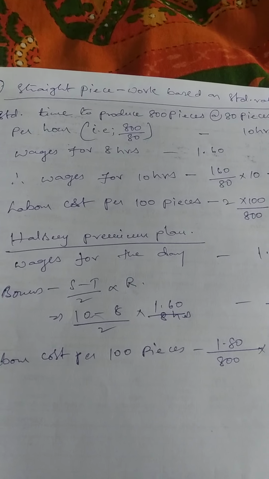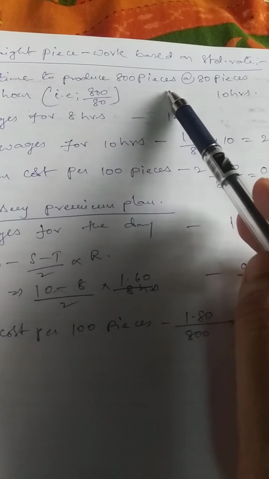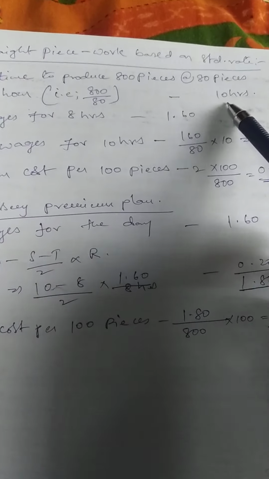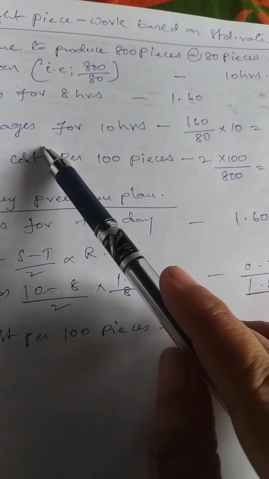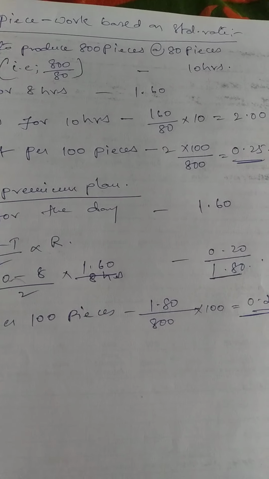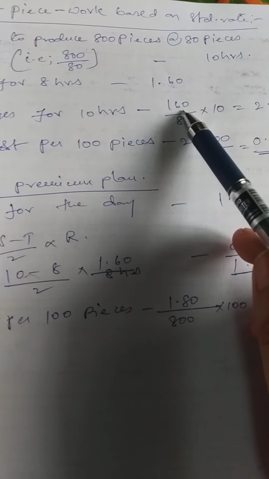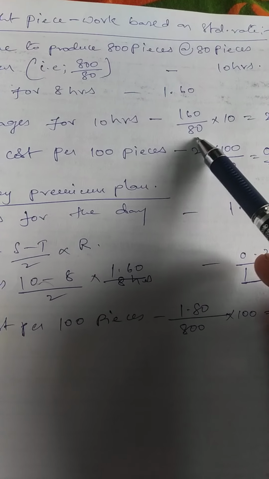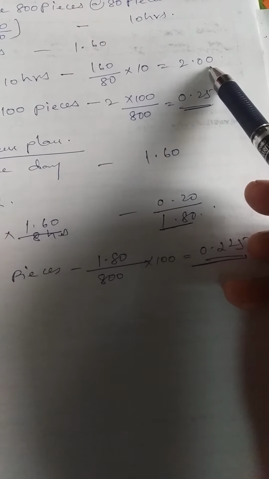Next he has asked for straight piece rate based on standard rate. To produce 800 pieces at the rate of 80 pieces per hour, the standard time he has to take is 10 hours, and wages he has taken for 8 hours. So the rate per hour means wages for 10 hours, because he has produced 160 pieces extra, and normally he has to produce 80 pieces per hour. So for 10 hours he must be given 2 rupees.